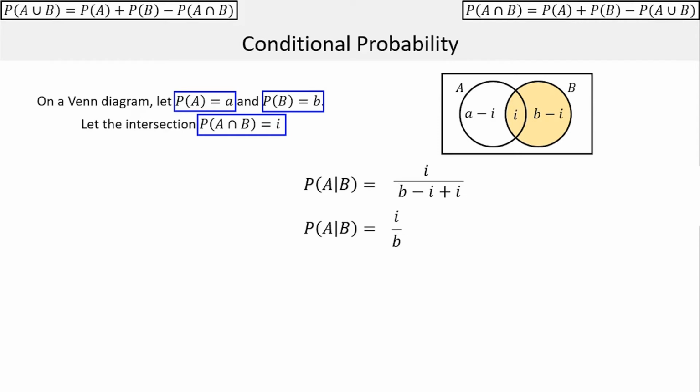We'll substitute back in the probability statements, and we see that we get intersection of A and B over B.